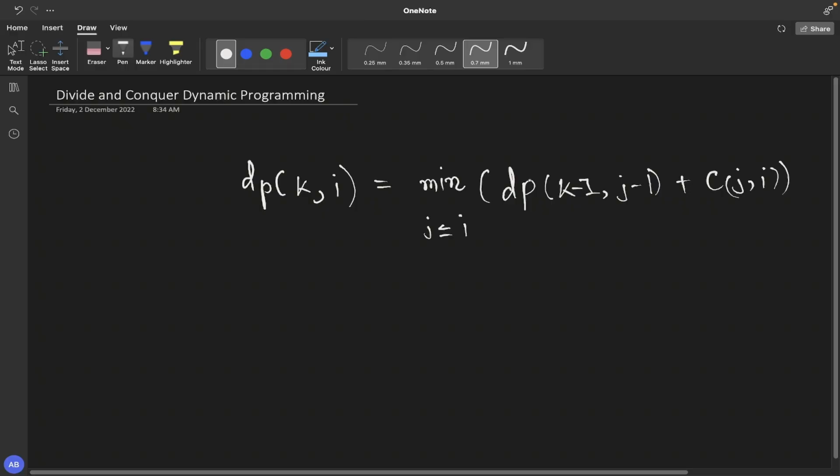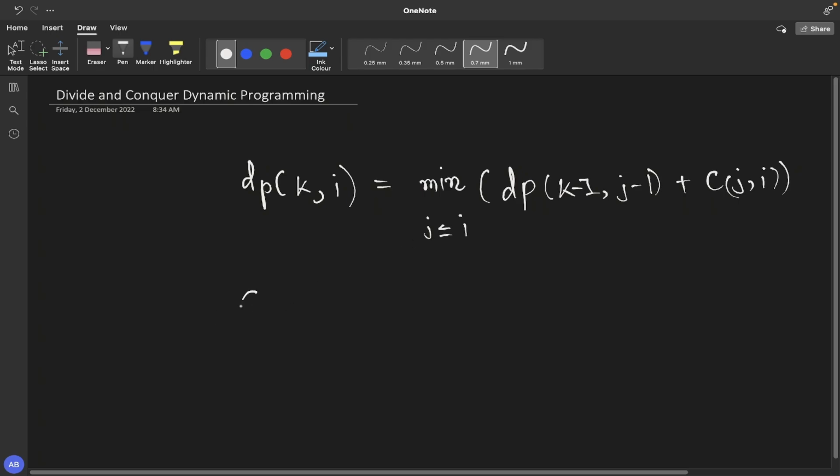So it's basically the cost to divide the array up to j minus 1 into k minus 1 subarrays and the cost of creating a new subarray from j to i. So j is less than or equal to i. And our cost function here, as I said, is simply the square of the sum of elements of the subarray. And this is a pretty simple DP solution to it.